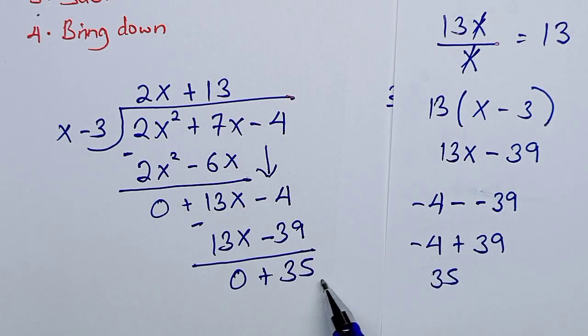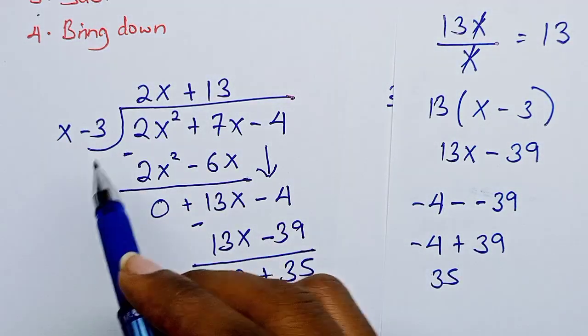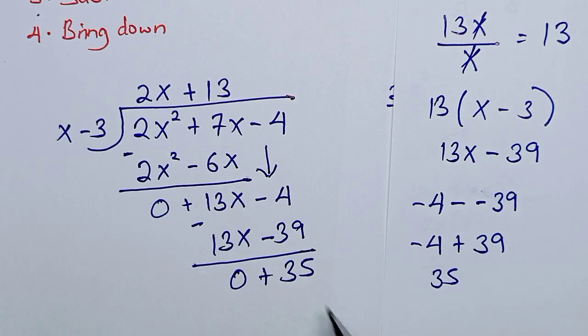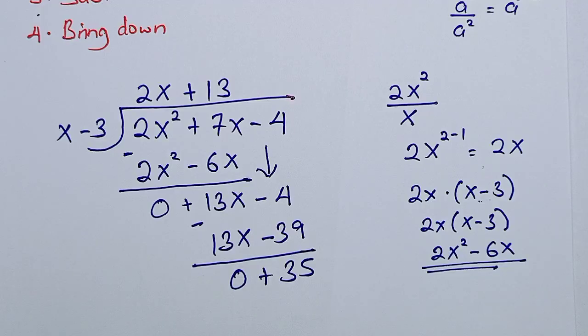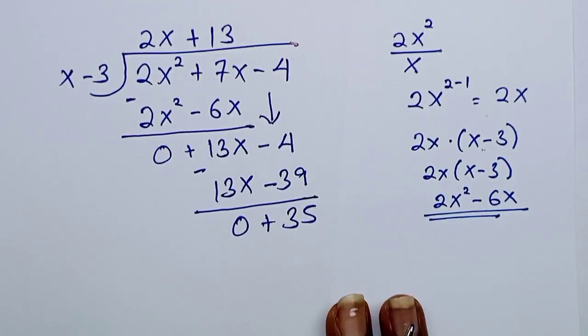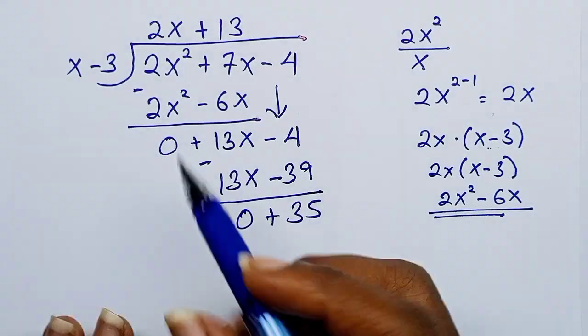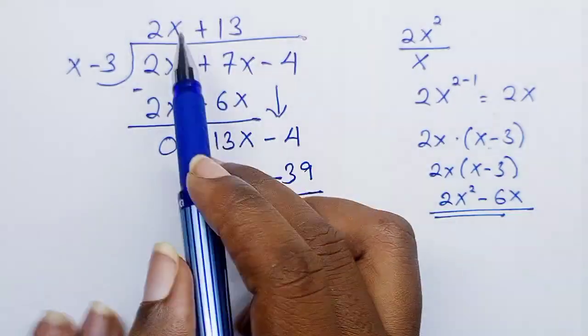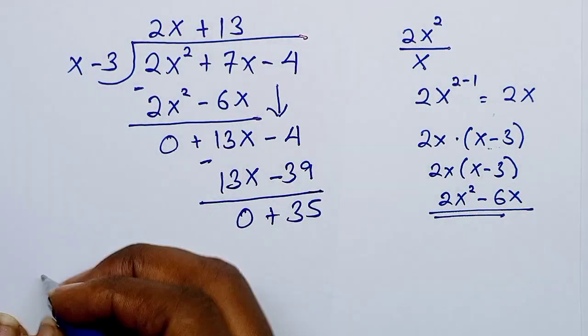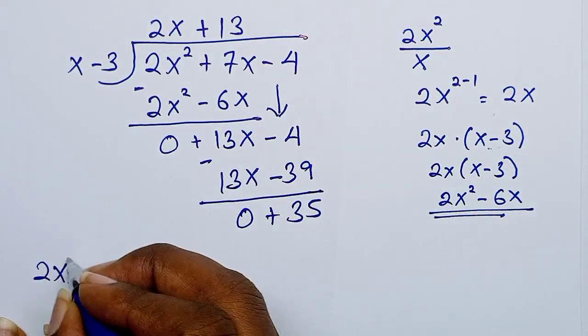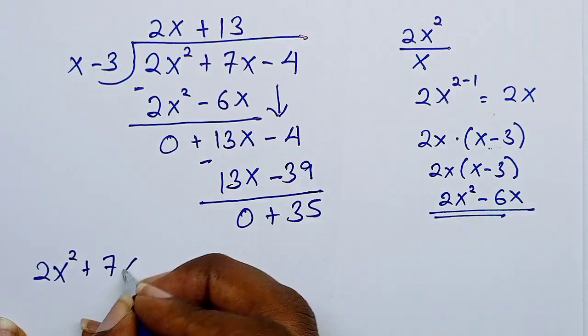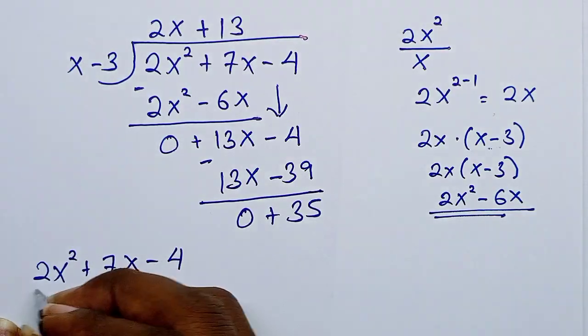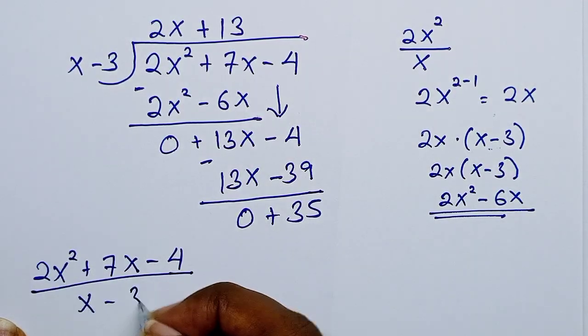There is no more unknown. That means now this is the remainder because it has no unknown term. We can't go further. This is where we stop. So that means this is the remainder. Now how do we write the final answer for this? So our question was 2x squared plus 7x minus 4 divided by x minus 3.